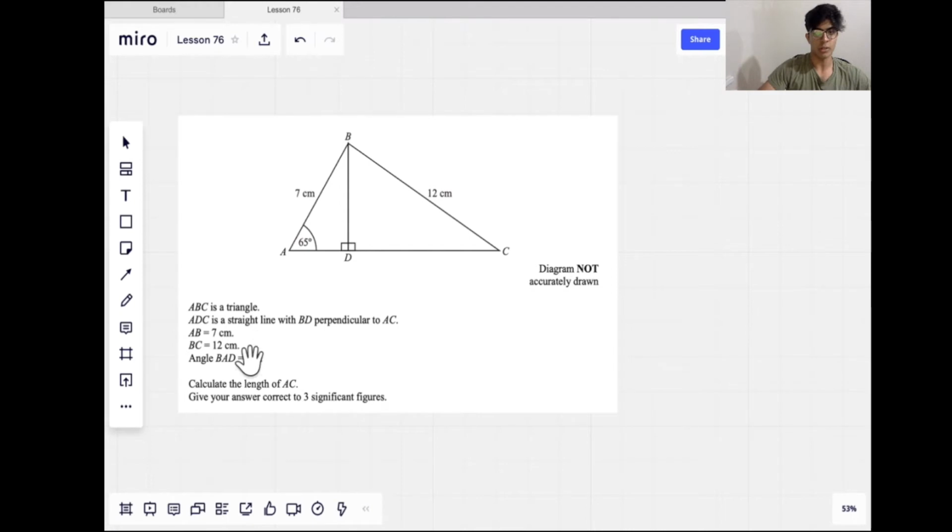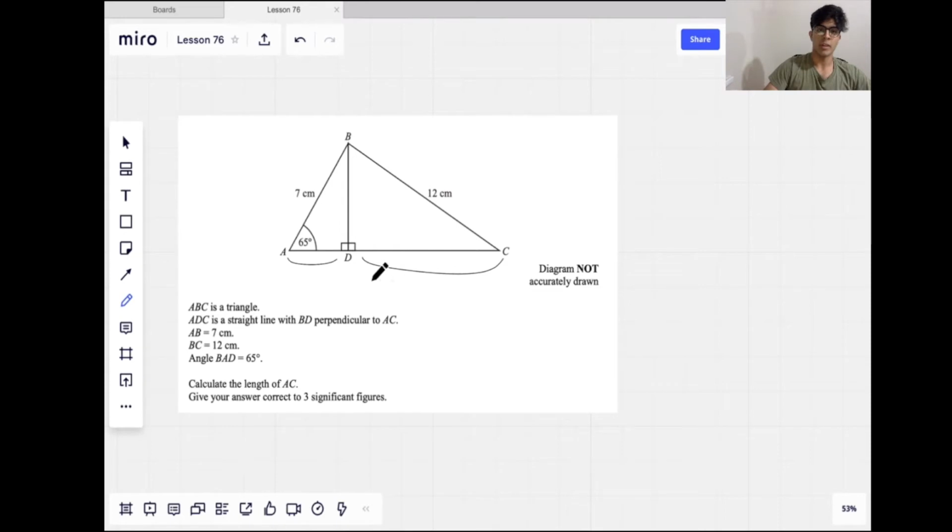I was going to say maybe ABC is a right angle triangle, and it looks like that from the diagram, but it's not mentioned anywhere in the description. So when I see this question and I need to find the length of AC, you can't find it directly, so you need to find the length AD and the length DC separately.